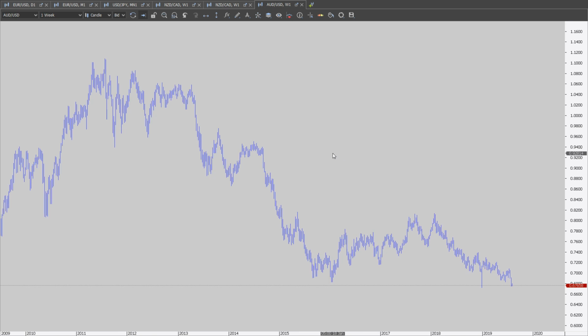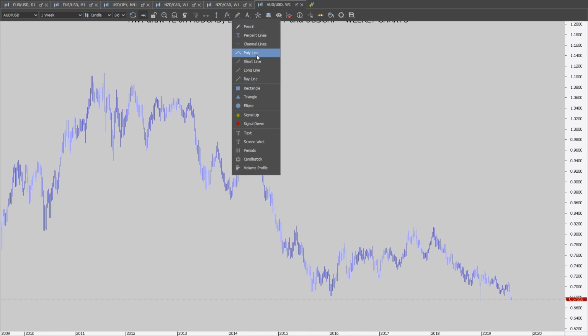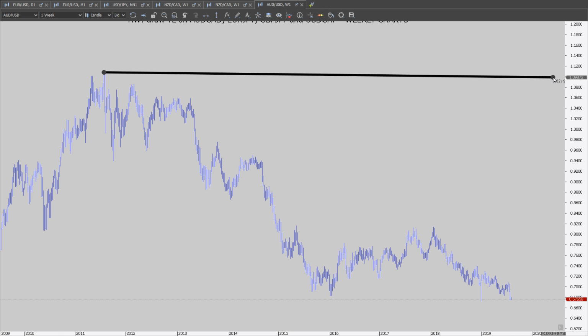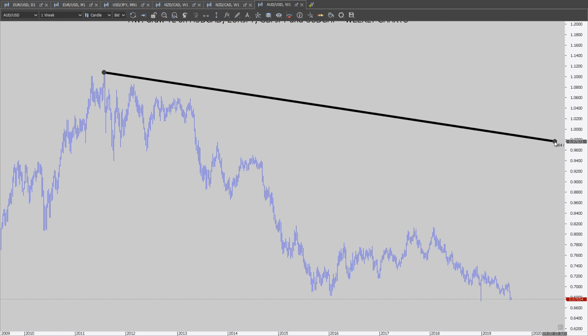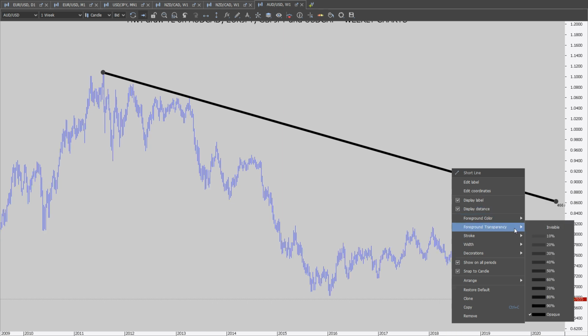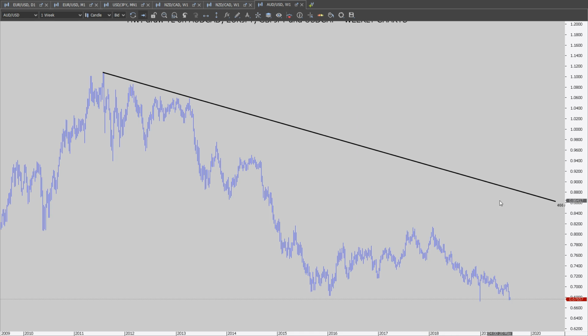Okay, everybody, AUDUSD weekly chart, we have 3 more minutes, then it's another webinar. So I'm going to take from the highest high, the absolute high, and I'm going to extend it and slowly go down, right? So this is going to be my long-term downtrend line. I need to be careful not to break any wicks.